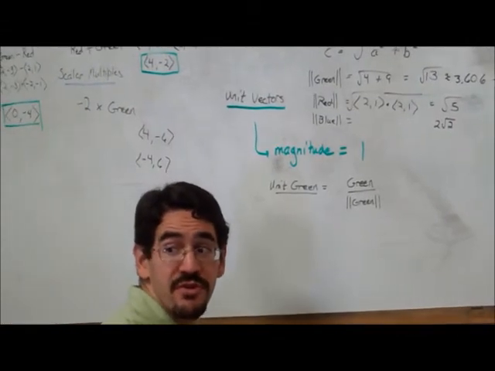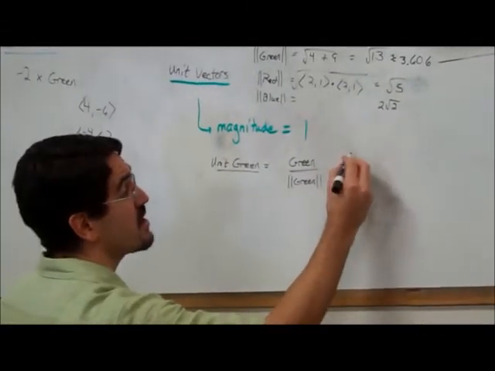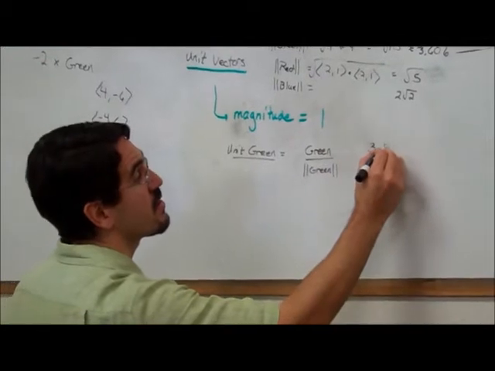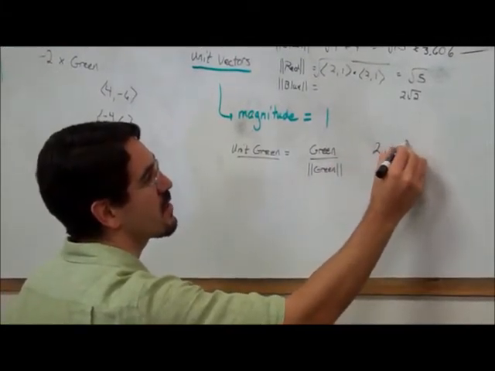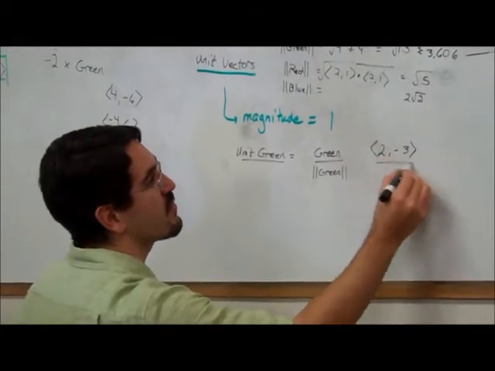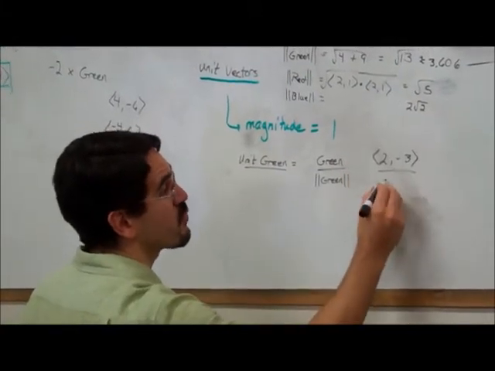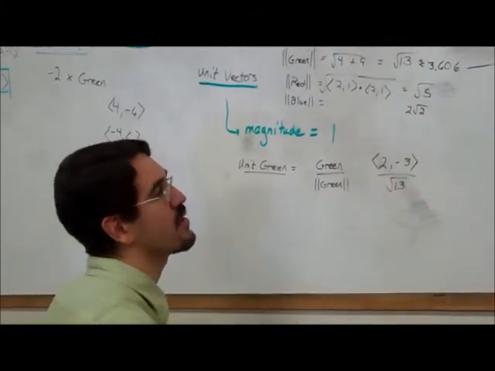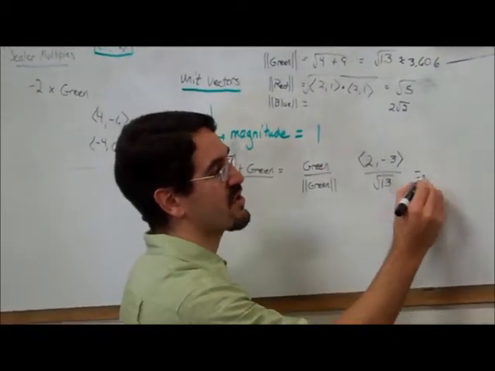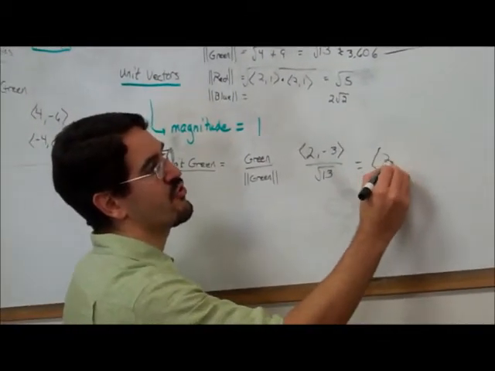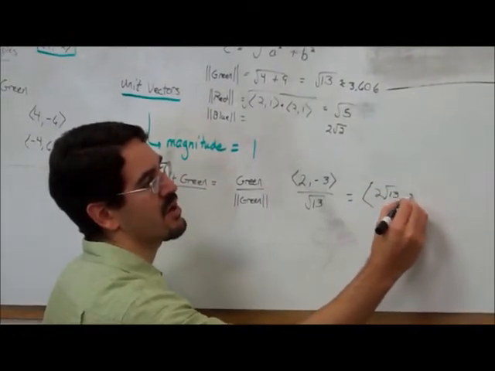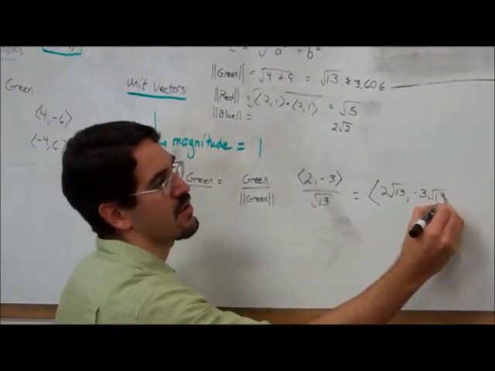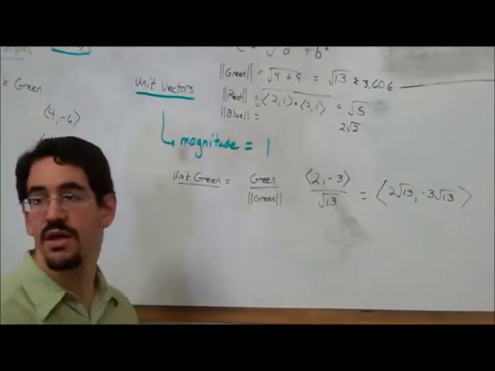Make sense? So we take 2, negative 3, and we divide it by that magnitude, which is root 13. And that would give us the vector 2 over root 13, comma, negative 3 over root 13. And that vector, we're dividing.